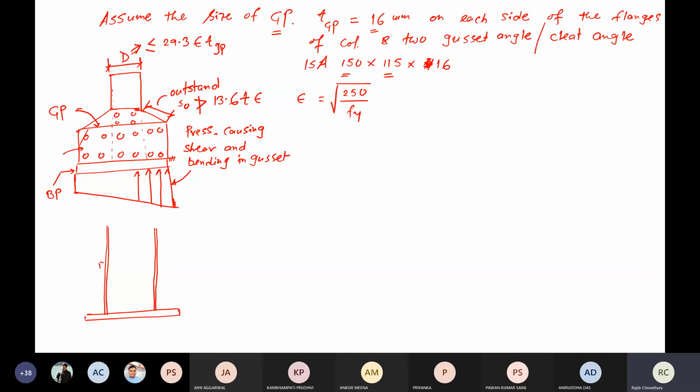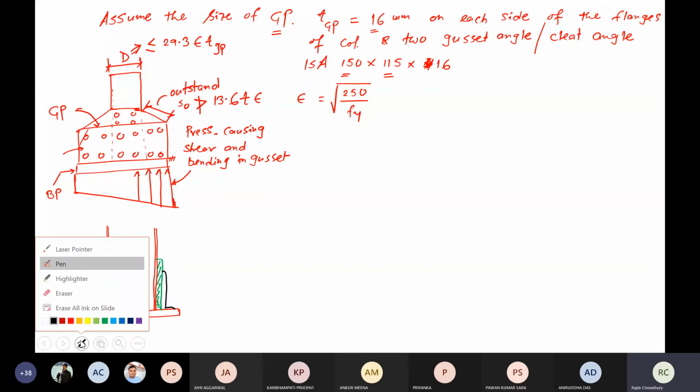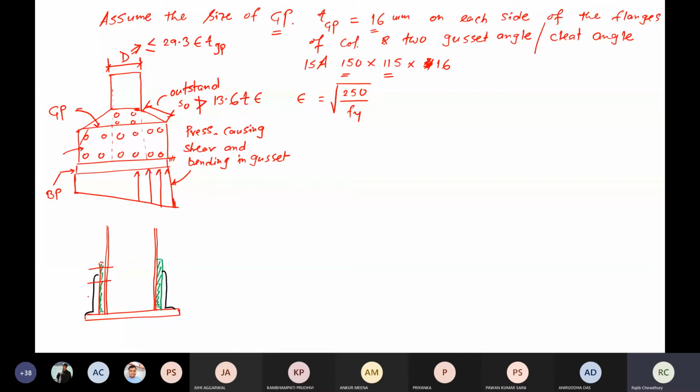Okay, now over this gusset plate, this angle is going to attach, and here let me write it, your bolts are being connected.